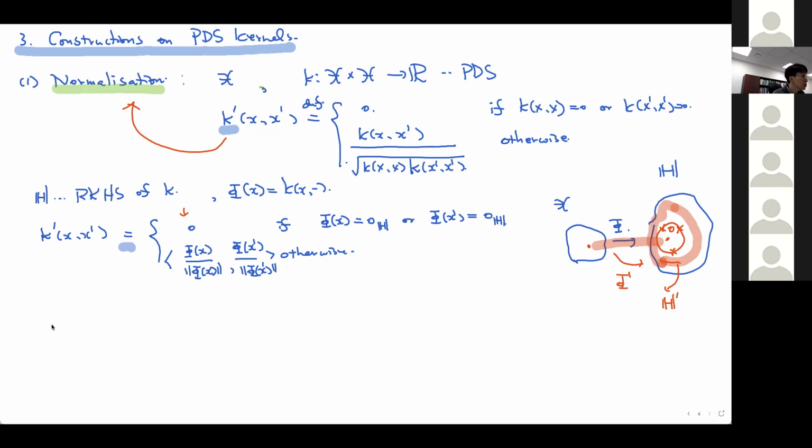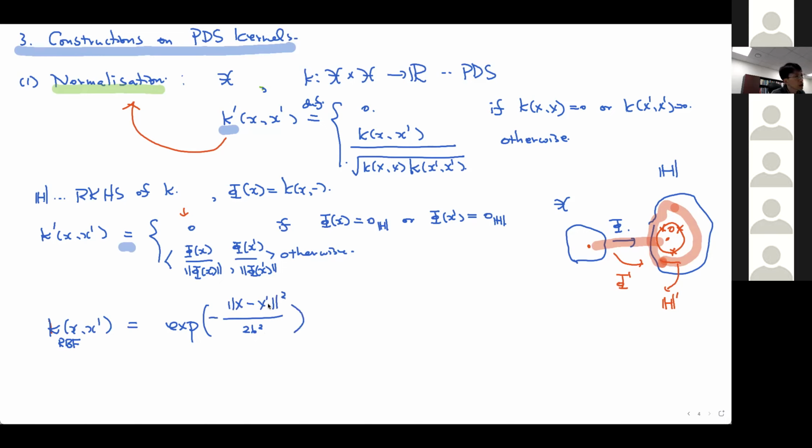Here's an example. We have an exponential kernel, or RBF kernel, K prime of x and x prime, defined as the exponentiation of minus 1 over 2 sigma square times the norm of x minus x prime squared.